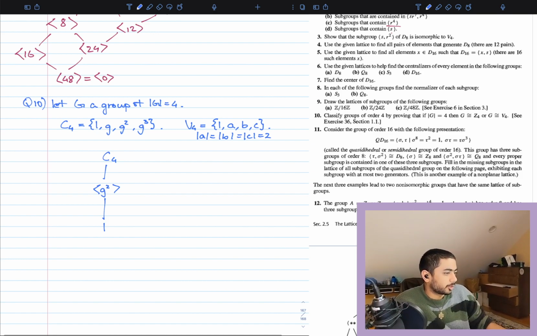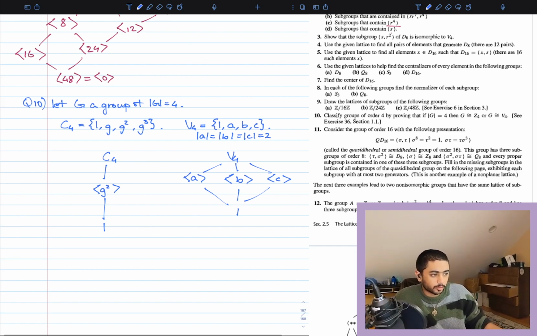Whereas on the other hand, if you look at the lattice structure of the subgroups of V4, well, then you've got 3 smaller subgroups living inside it. Each of them has order 2, and each of them contains the trivial group within it. So for example, this group here contains just 1 and A. Similarly, this group here contains just 1 and B, and so on and so forth.